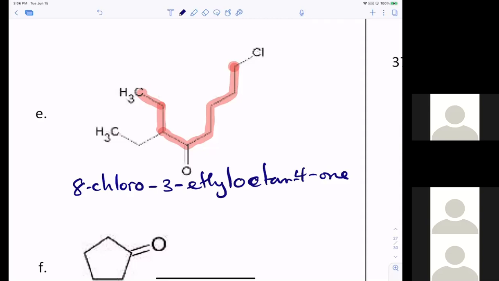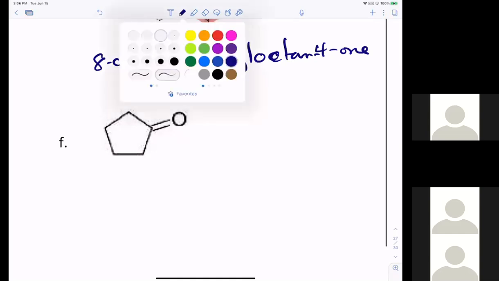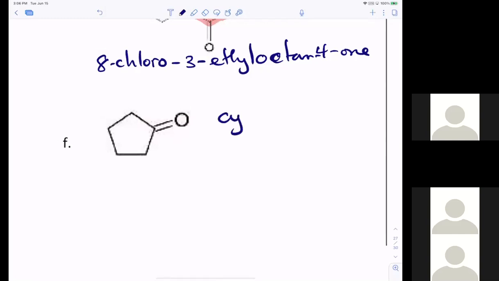Yeah. And now I skipped F, but can someone guess what F is called? Cyclopentane something. You're almost there, Dimitri. Now you got to finish it. Pentanone.